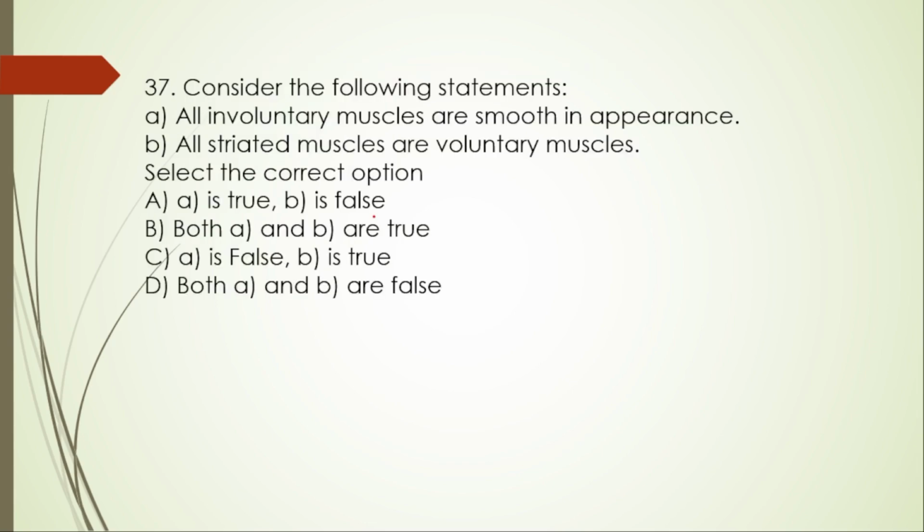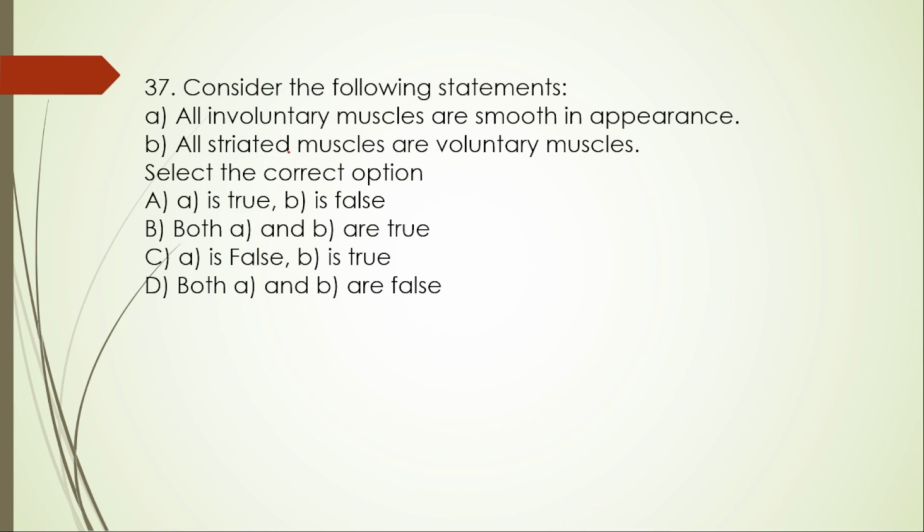Next one, 37th question. Consider the following statements, A and then B. A: all involuntary muscles are smooth in appearance. That's not right actually. Almost all smooth muscles are involuntary, but they aren't the only ones.